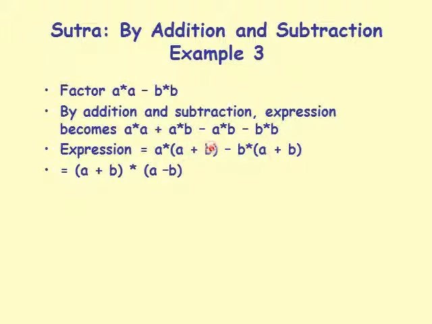Now we have a common factor a plus b, so we combine that and extract out the factor a plus b. That becomes a plus b times a minus b. So we just factored a squared minus b squared into a plus b times a minus b, and we used addition and subtraction of ab to do that.